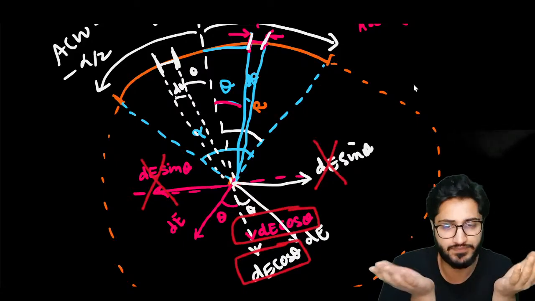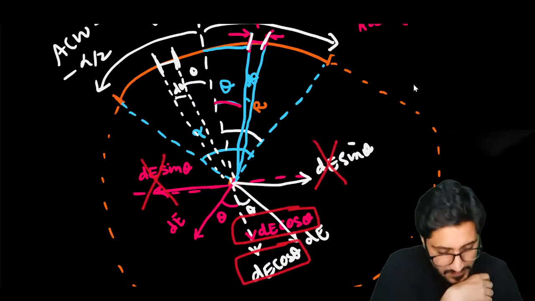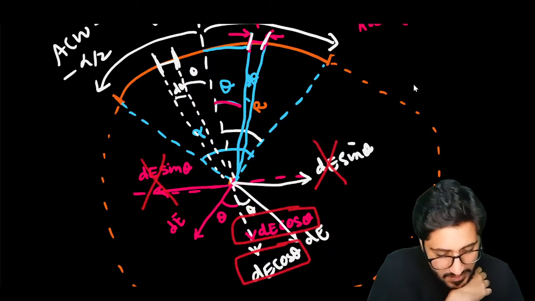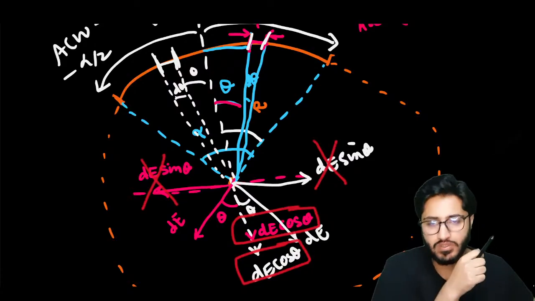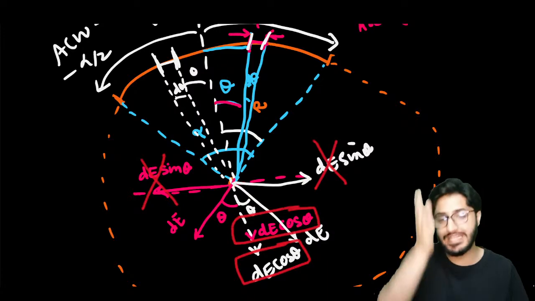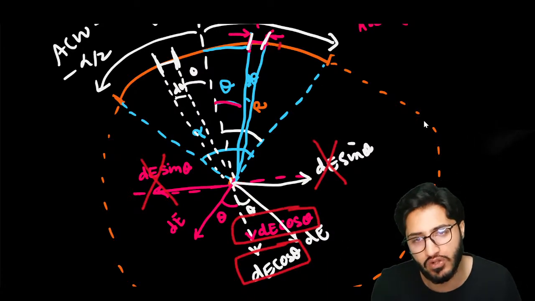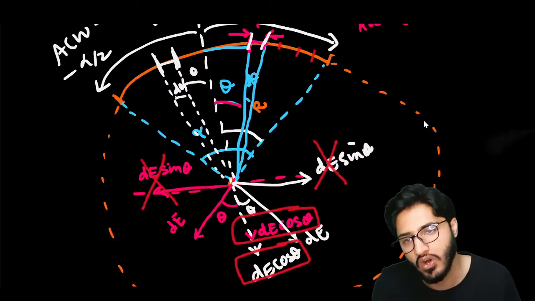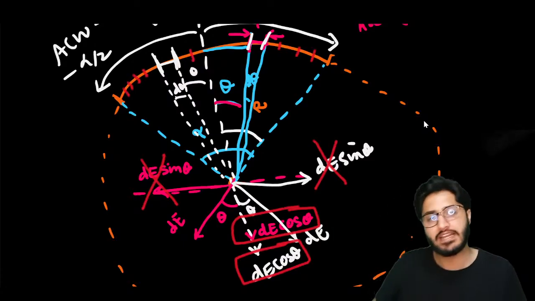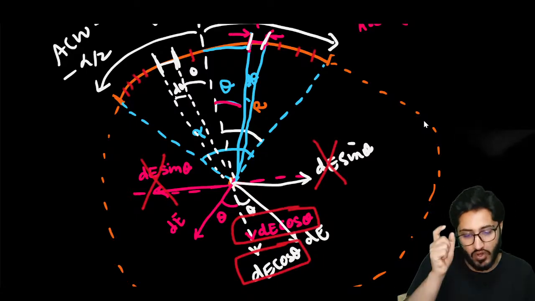Clear? Look now, at the end my resultant would be dE cos theta only. Every time we take these elements, dE sin theta will get cancelled out, and my final result would be dE cos theta only.